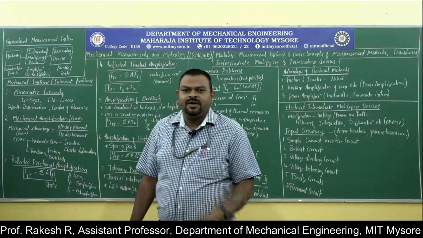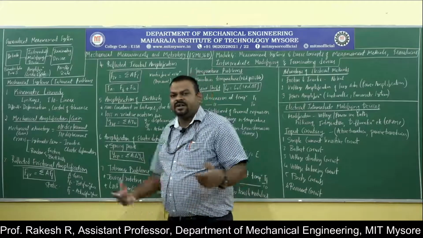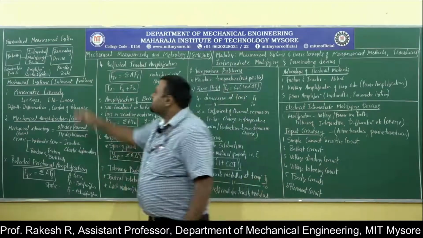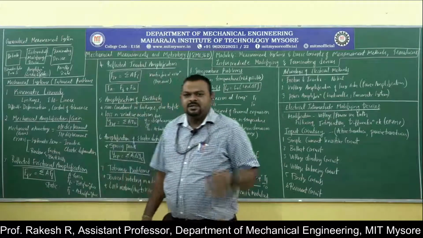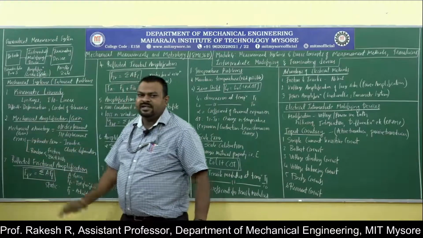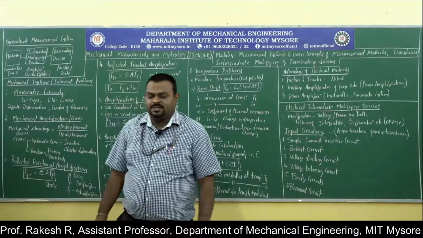The output display is also monitored, and we can see the waveform. Based on the waveform, we can check how the system behaves. So basically the CRO is a terminating device. Here we will see intermediate modifying devices in detail, along with terminating devices like display segments.